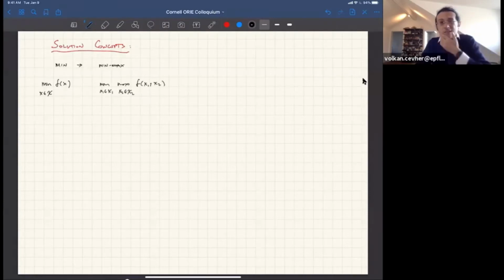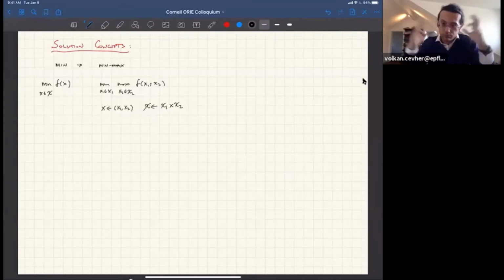Again, the stochastic versions are there. So the trick that I'm going to make is that I'm going to assign x1 and x2 as the x variable, as if it's this concatenated, quote unquote, vector or object. And then we're going to put the calligraphic x, which is the domain, all right? So in general, a joint domain constraint is broader. Note that in the min-max case, there's a split domain, all right?